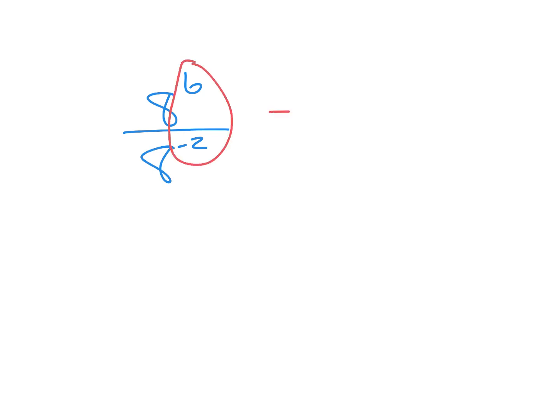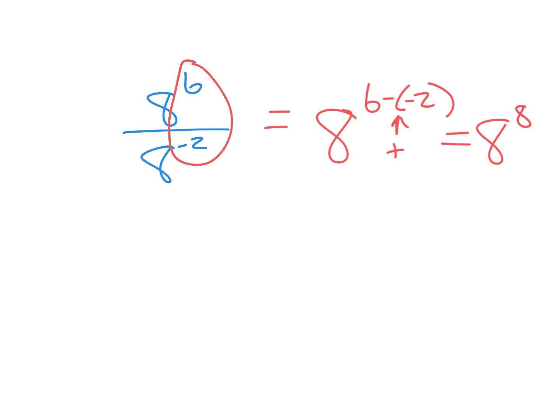So you could write 8 to the power of 6 minus a negative 2. But you see what it does there. 6 minus a negative 2 becomes 8 to the power of what? 4? No. When you have a negative next to a negative, that's a positive, yes. So it becomes 8 to the power of 8. That's what you have to be careful with when you see this negative down here on the bottom.